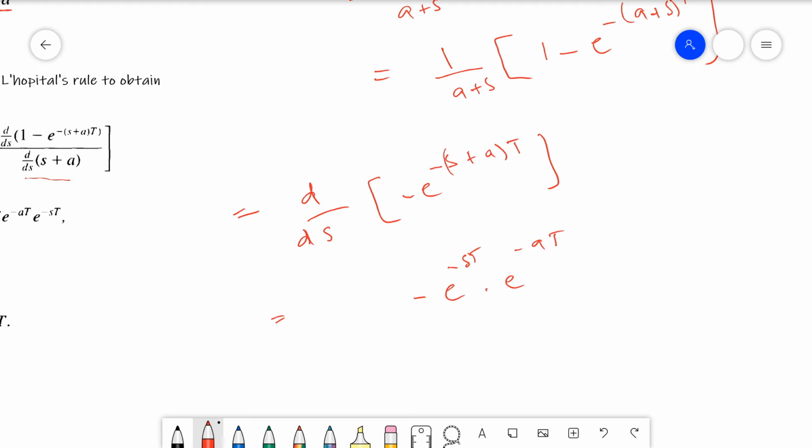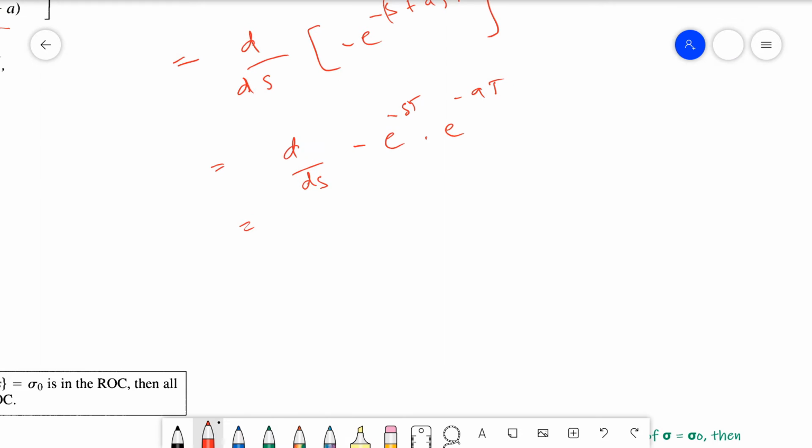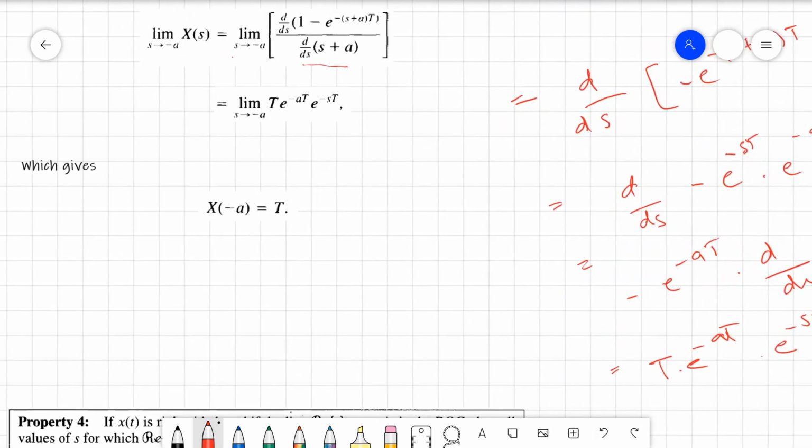So this term is constant, we can take it out, and then we will be left with e raised to the power minus aT multiplied with the differential of e raised to the power minus sT. So from here, minus T, the minus signs cancel, T into e raised to the power minus aT into the derivative of this, which will be e raised to the power minus sT. So if you see here, we have the same expression.